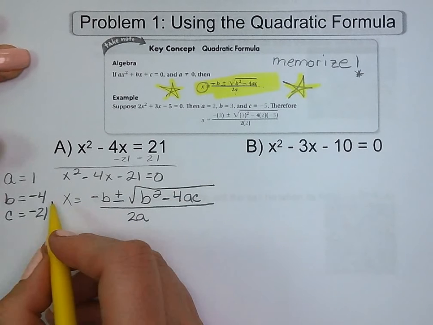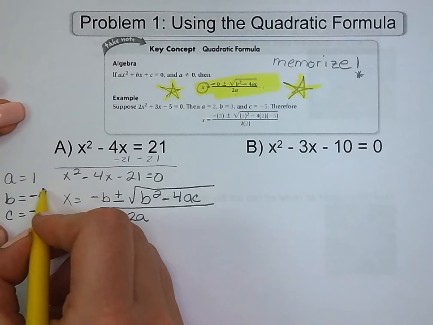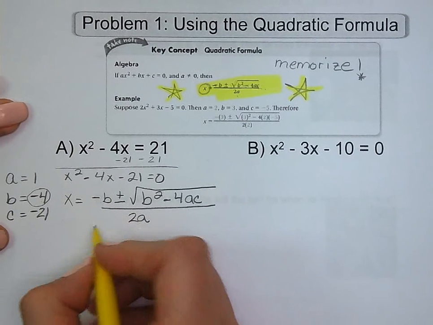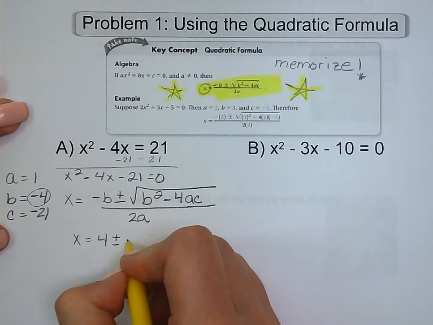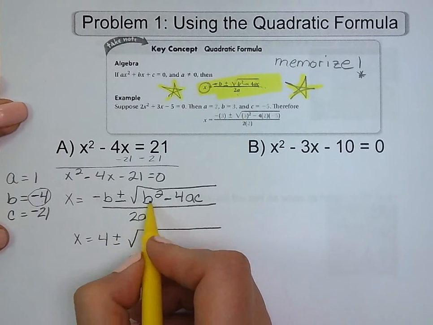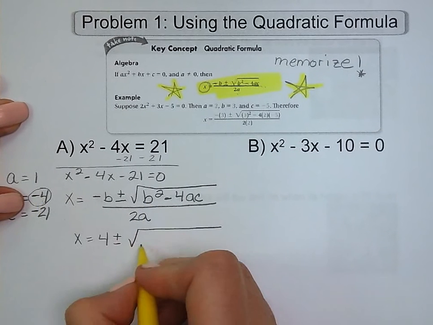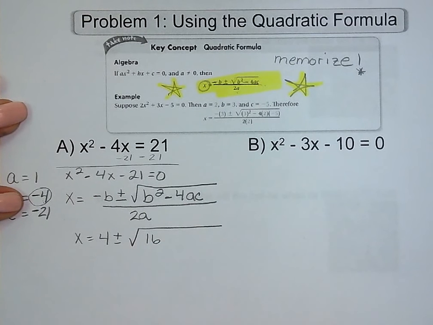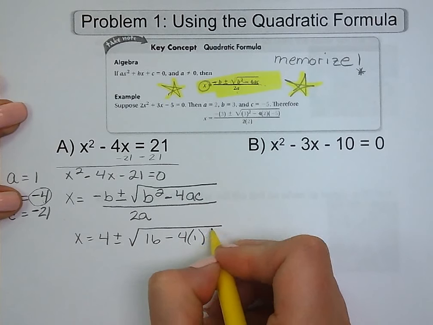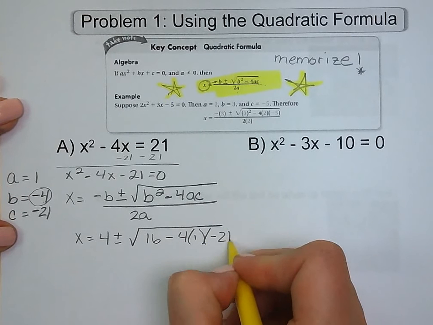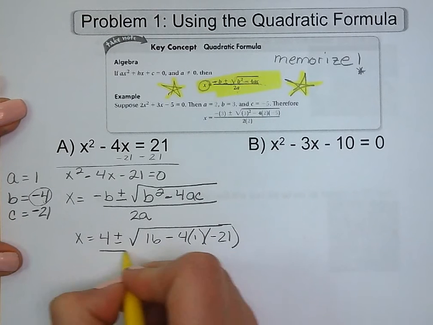So now let's start plugging in our pieces of information. What is the opposite of negative 4? It is positive 4. Plus or minus the square root of b squared. So put negative 4 in parentheses, or you could just square it. Negative 4 squared is 16 minus 4 times a, which is 1, times negative 21, which is c.